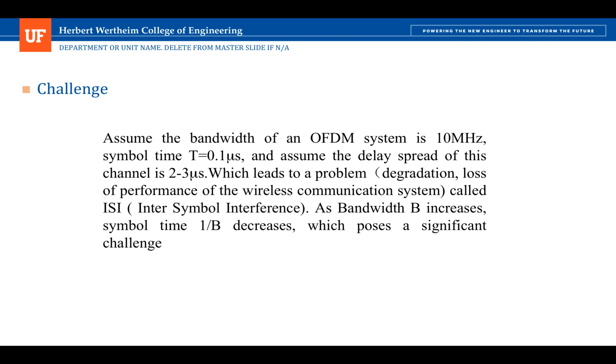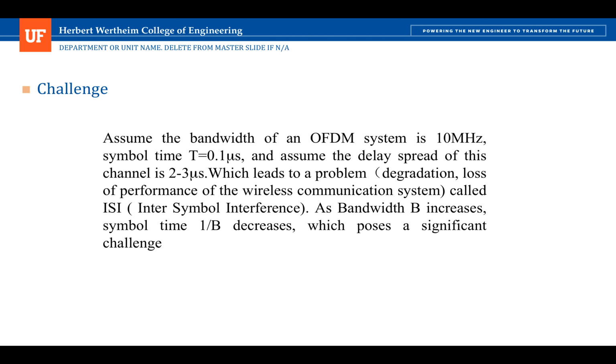Assume the bandwidth of an OFDM system is 10 MHz, so its symbol time T equals 0.1 microsecond, and assume the delay spread of this channel is 2 to 3 microseconds. When delay spread is far more than symbol time, it leads to a problem, which can be degradation, or loss of performance, of the wireless communication system.